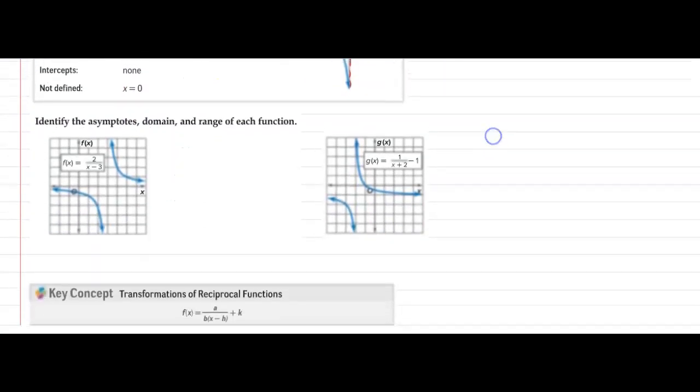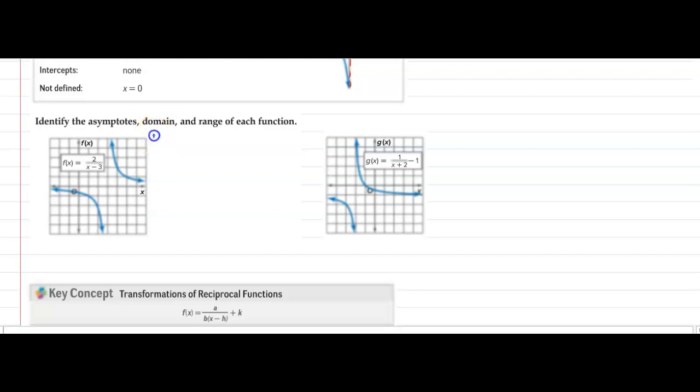So let's practice with a couple other examples, finding the asymptotes, the domain, and the range. When we look for the asymptotes, particularly the vertical asymptote, the one that runs up and down, we need to figure out when this function is undefined.